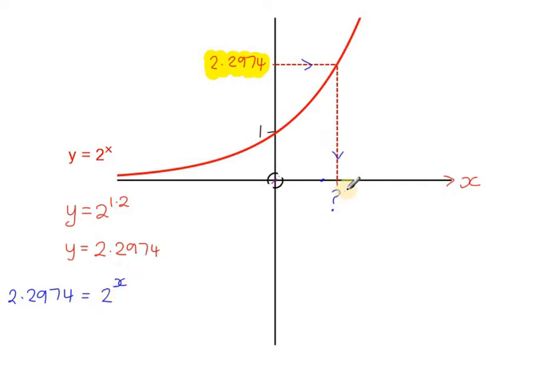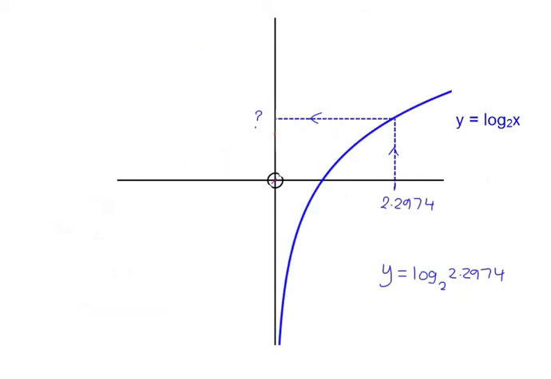This is where we have to use the log function. On the log graph, we start here, 2.2974. We go to the graph, we come along here, and we're trying to work out this value. This will be the solution to our problem, and hopefully that will turn out to be 1.2.